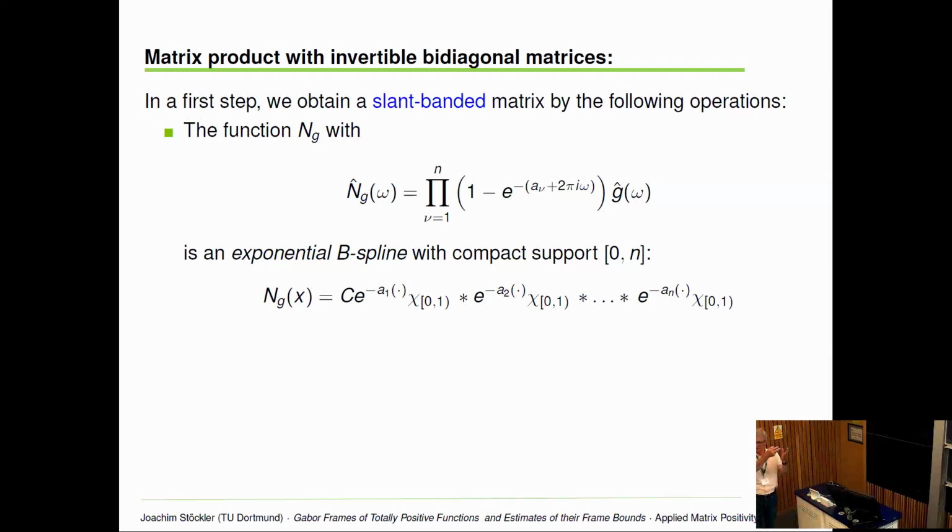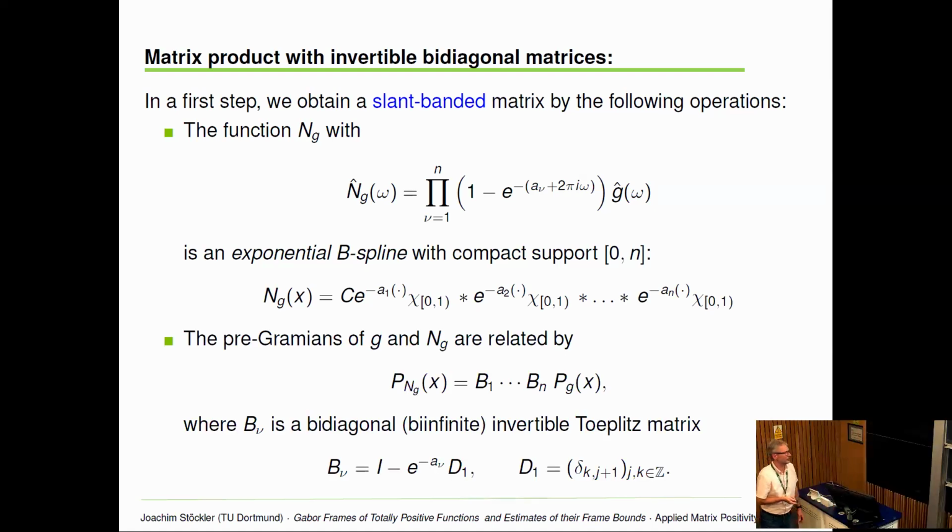So this works very similar to ordinary polynomial B-splines, where you convolve the characteristic function with itself n times. Here you convolve these cutout exponential functions n times, and then you end up with this exponential spline. There will be a picture, I think, later on.